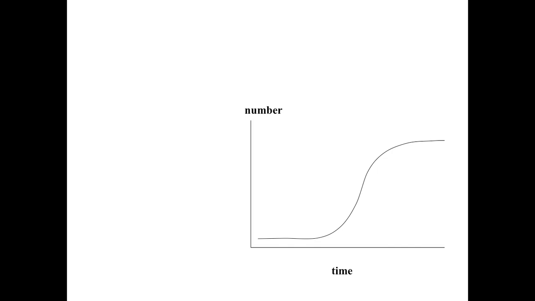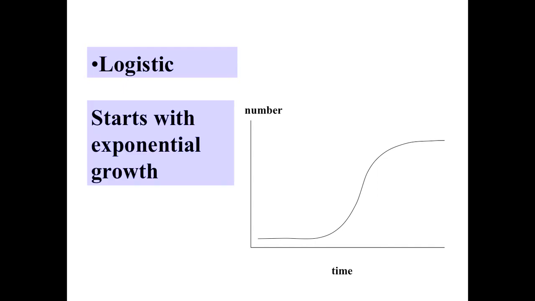Now, populations can't grow exponentially forever. They're going to run out of resources. So what ends up usually happening is a type of growth called logistic growth. Exponential growth we call a J-curve because it looks like a J. Logistic growth we call an S-curve because if you look at that graph there, it looks like an S. Here it starts off with exponential growth. So if we look at this graph and just look at it up to about this point, it makes a J, so that's exponential growth.